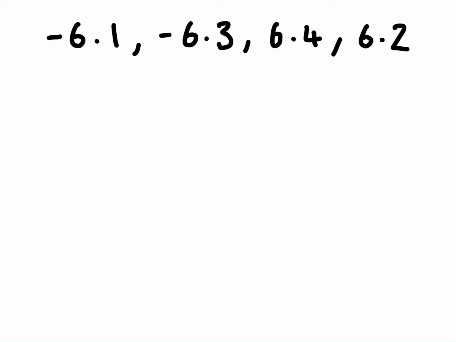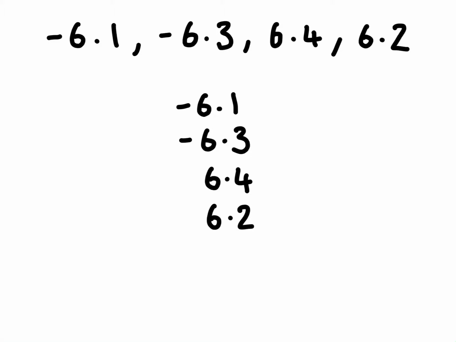Okay, here's some other examples with negative numbers. So we're going to put the numbers above each other directly again, and we know that negative numbers are obviously smaller than larger numbers, and we have 2 negative 6s, so we're going to compare them both. The next numbers that come after that are 1 and 3.